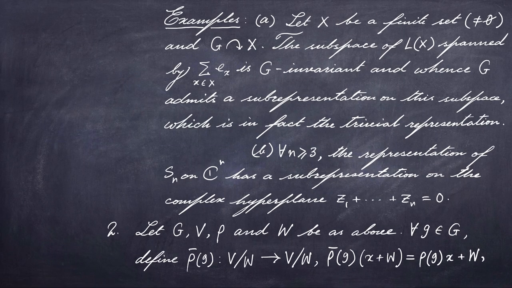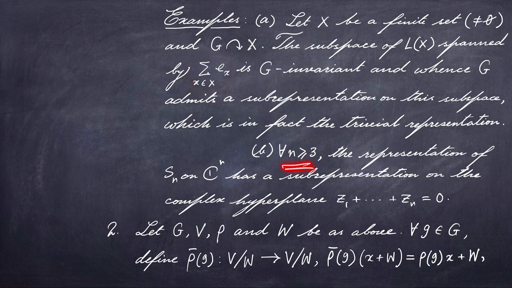A special case of that we see when X is a finite set and G acts on X. Then the one dimensional subspace generated by this vector is G-invariant, and therefore G has a natural action on this subspace. In fact, this action is the trivial representation of G on that subspace.